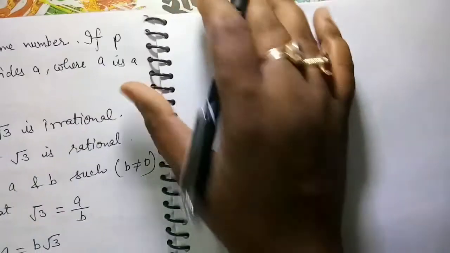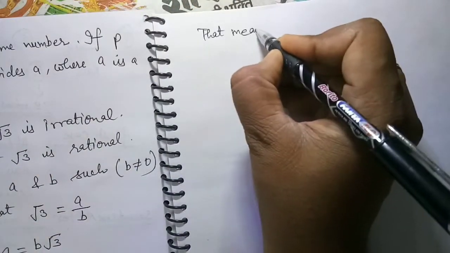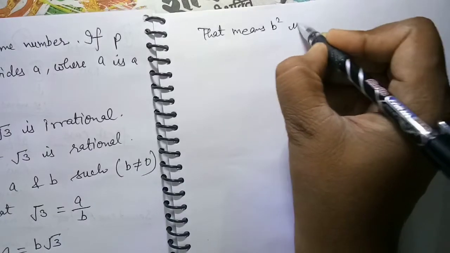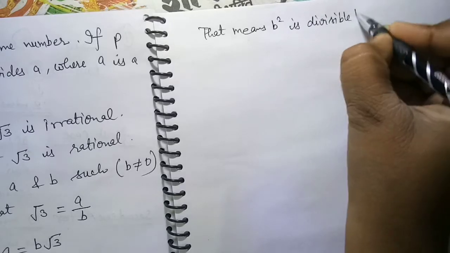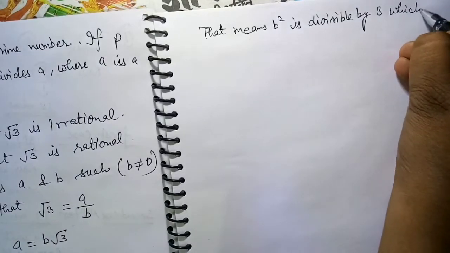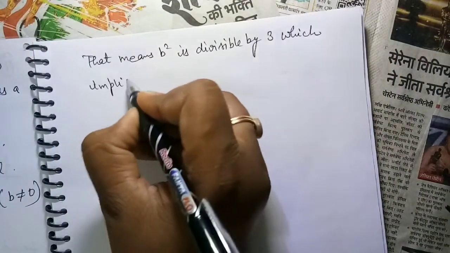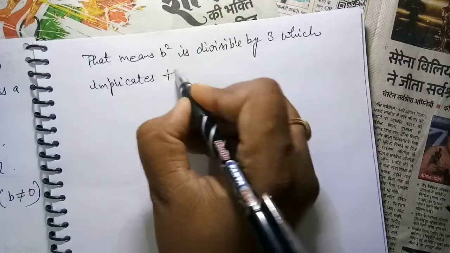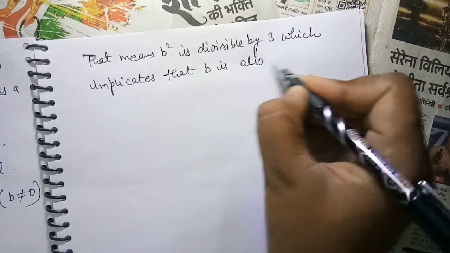Now that means b square is divisible by 3, which implies that b is also divisible by 3.